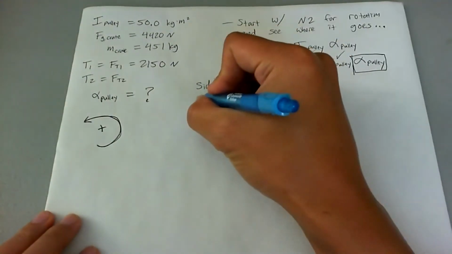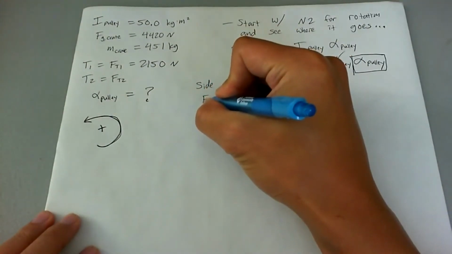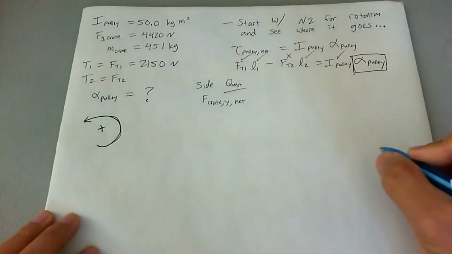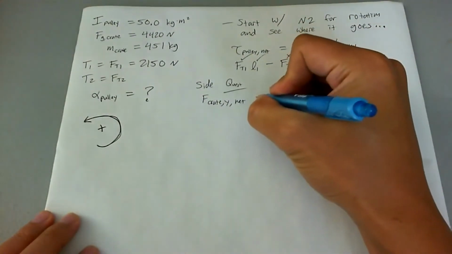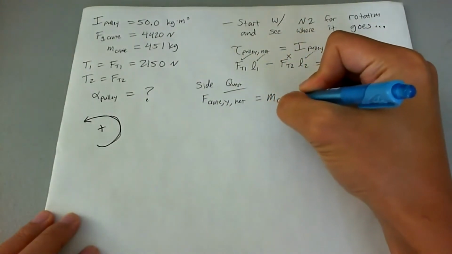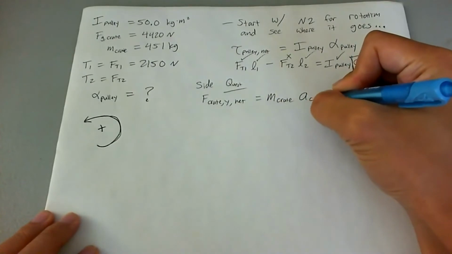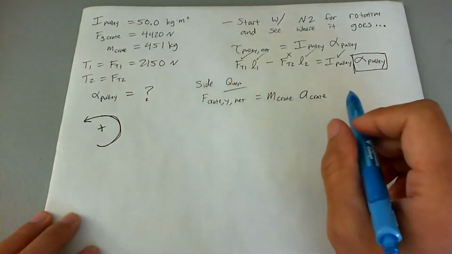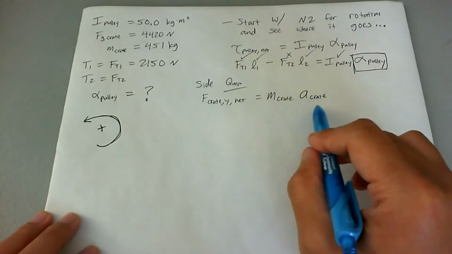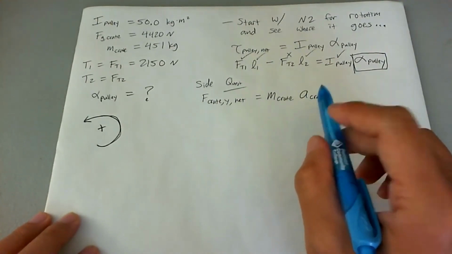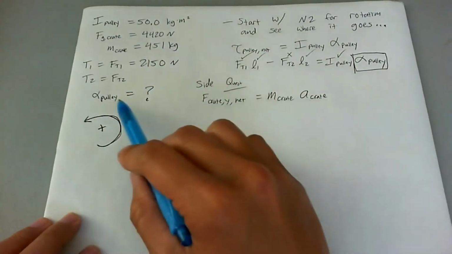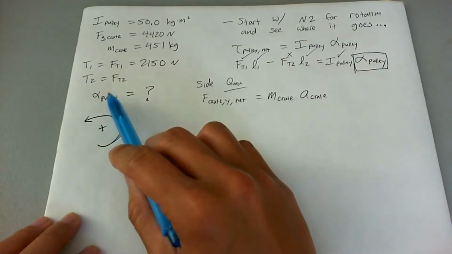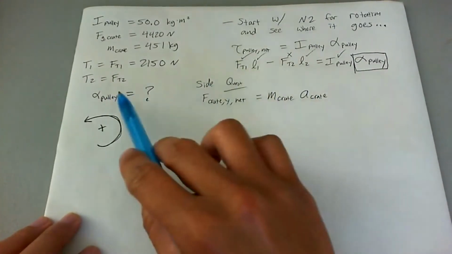So we see that the net force on the crate in the y direction, so that's a lot of subscripts, is equal to the mass of the crate times the acceleration of the crate. Okay, looks like it's causing more problems than solving, because we don't have anything for the acceleration of the crate. But we do have the need to find the rotational acceleration of the pulley, which kind of relates to that.